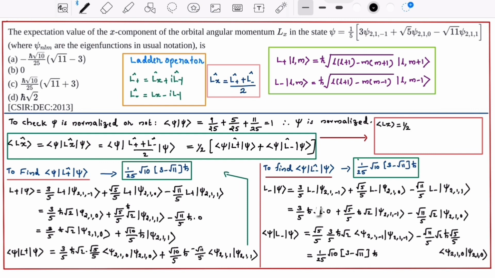That is 1 by 2 times root 10 by 25 times 3 minus root 11 h bar plus root 10 by 25 times 3 minus root 11 h bar, and the answer is h bar root 10 by 25 into 3 minus root 11.